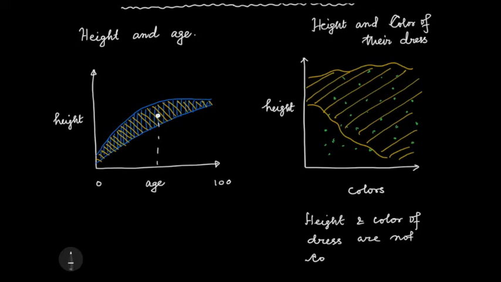But for the aliens, the height and the color of the clothes are not correlated, right? You cannot. So it can have any. If I tell you a color, it can be worn by aliens of any height. Here, height and age is correlated.